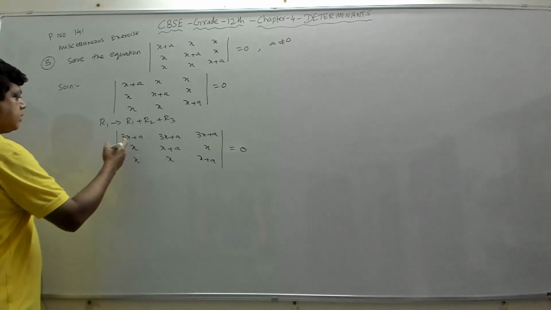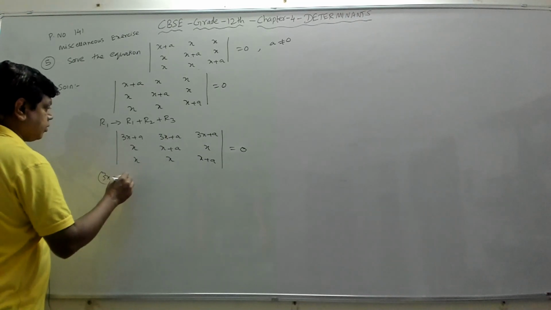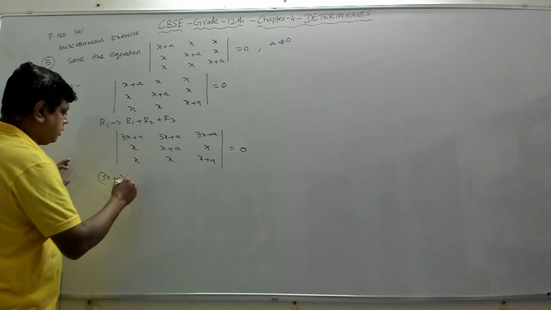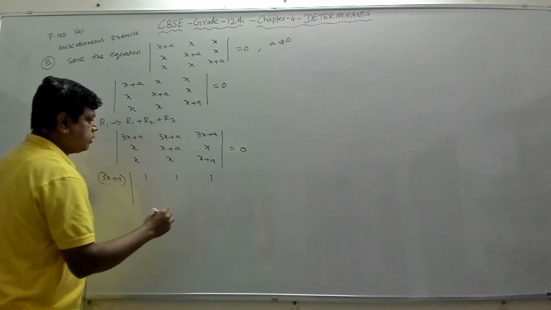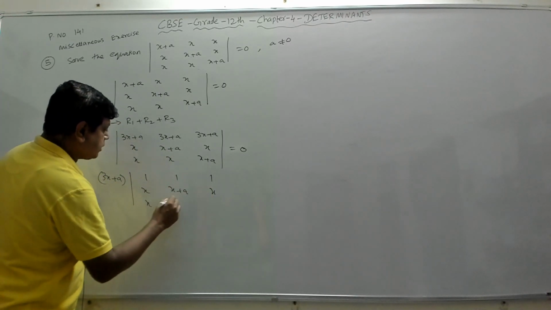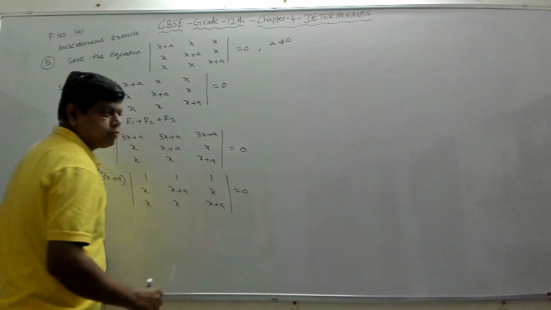Now we'll take 3x plus a common, because it is present in every element of row 1 and can be taken out of the determinant. Then we get 1, 1, 1, x plus a, x, and x plus a equal to 0.